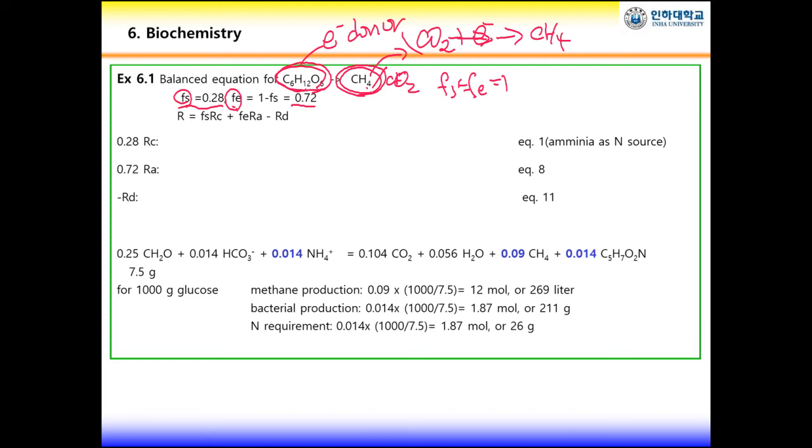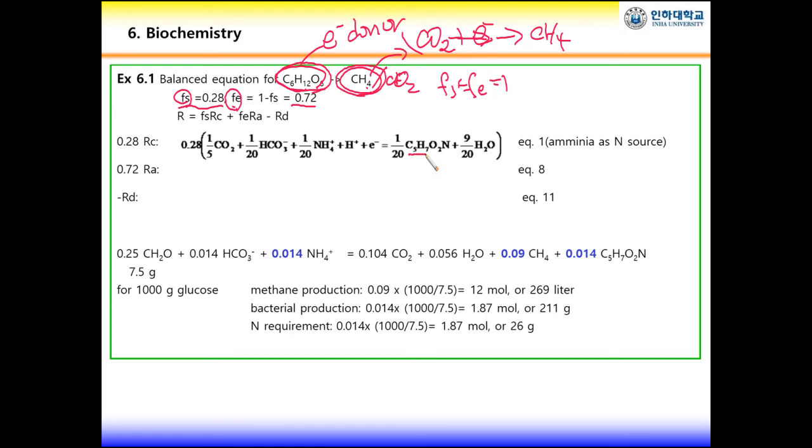And if you write down the cell half reaction, so this is the half reaction of the cell. To make cells, you need electrons and carbon dioxide and ammonia.